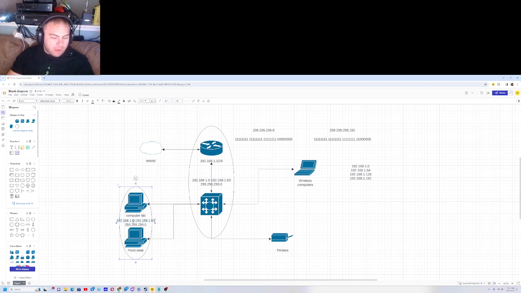So again, we start out at 64, and then our network address ends at 127. And I also just noticed I made a little boo-boo here. I said 255.255.255.0. It's the 192 because this is our subnet division here. Same down here. This is going to be .192.